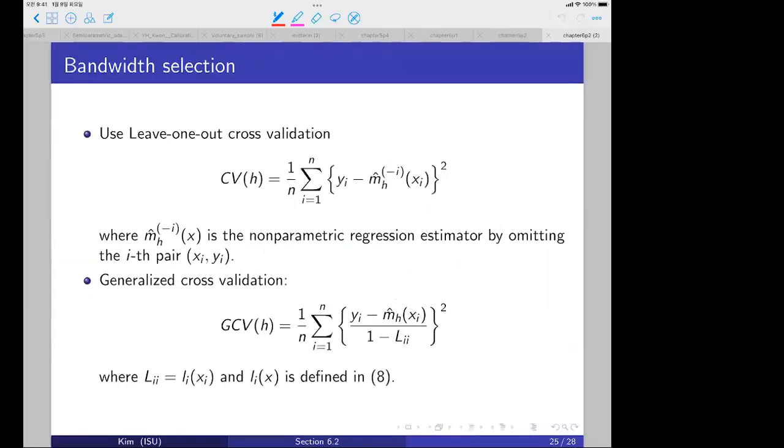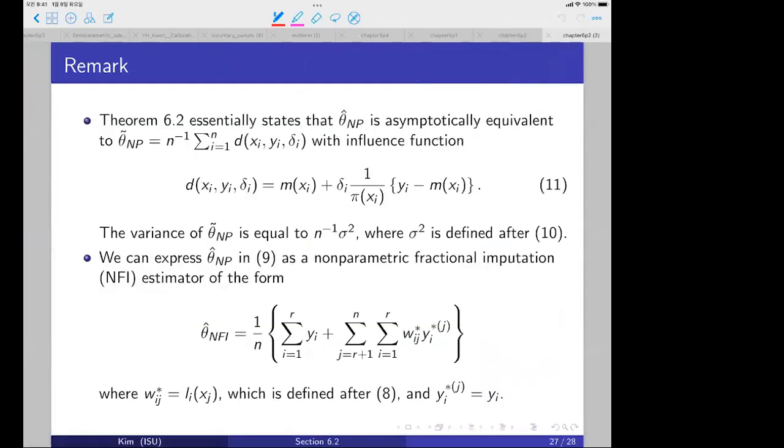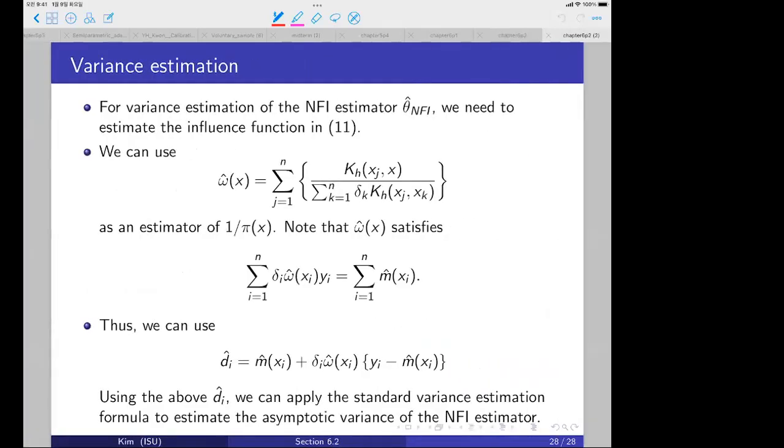But one thing I would like to point out: if you use nonparametric regression to do imputation, you can still write it in fractional imputation form, and it turns out that in the linearization, the weight omega can be adding up the fractional weight.